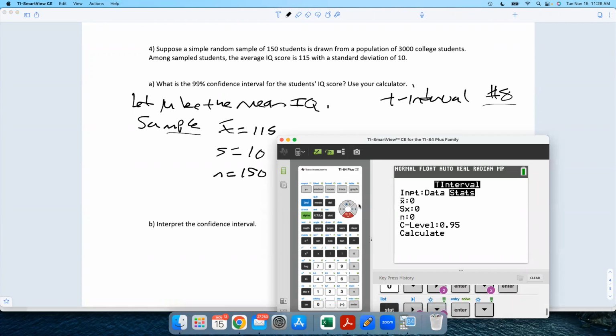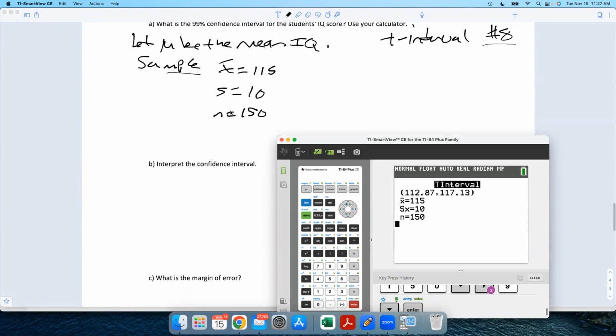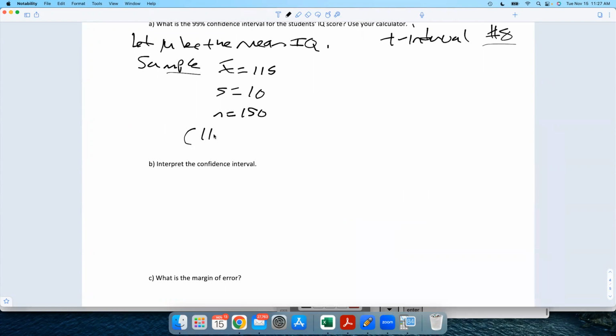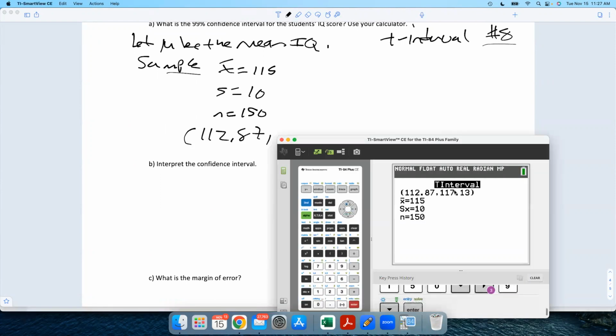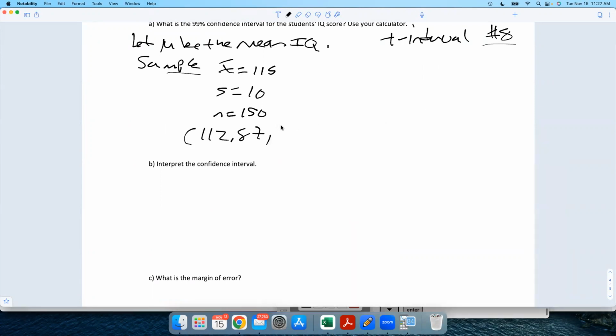And look, we just type in the 3 numbers we're given: 115, 10, 150. Well, the 4 numbers. Our confidence level is 99%, 0.99. We hit calculate and we're done. Did all the work for us. 112.87 up to 117.13.